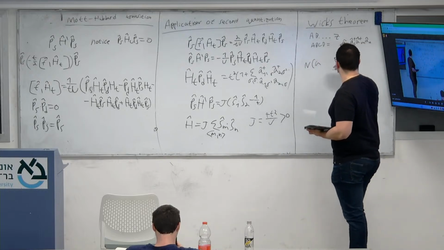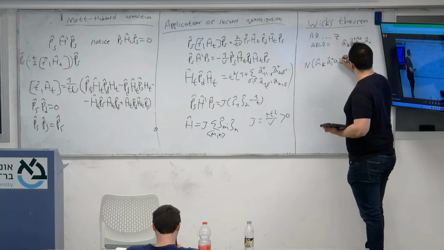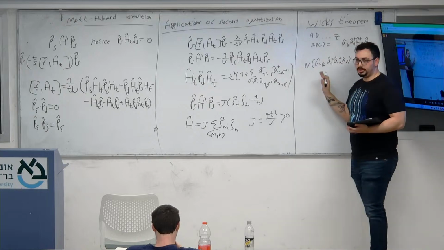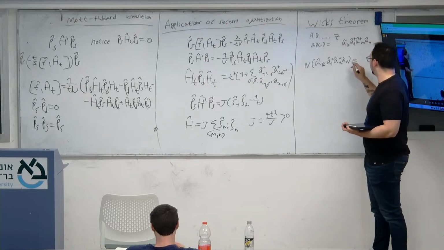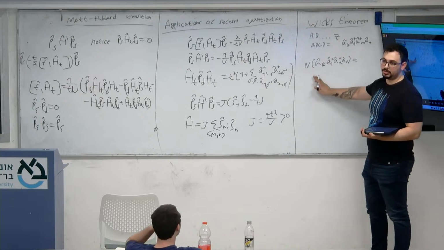Let's say, for example, the exact same set of operators. Normal order notation would just say all the creation operators go to the left, all the annihilation operators go to the right.